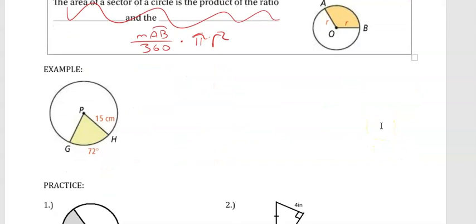Let's go ahead and do one then. On this one right here, it's the 72 out of 360. That tells me what part of the circle it is. Part of area.